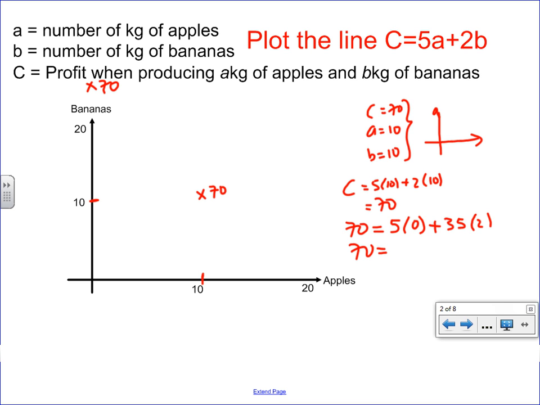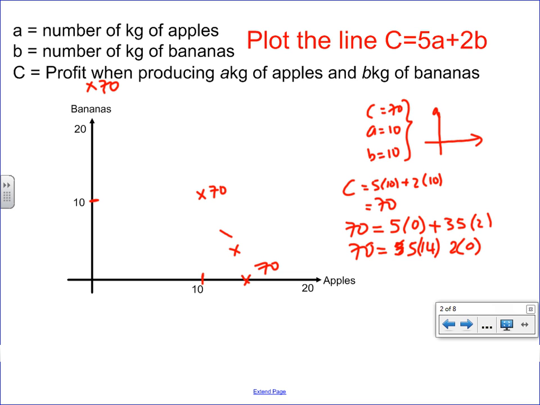Or we could produce no bananas and 70 divided by 5, which is 14. So if we produce 14 kilograms of apples and no bananas, we will also make £70 profit.